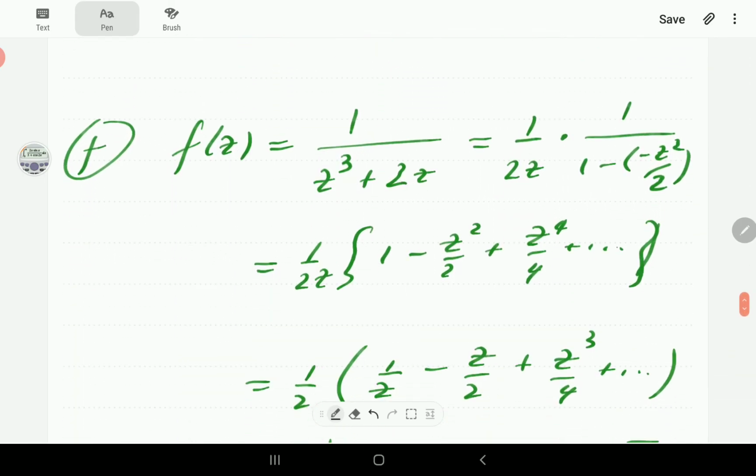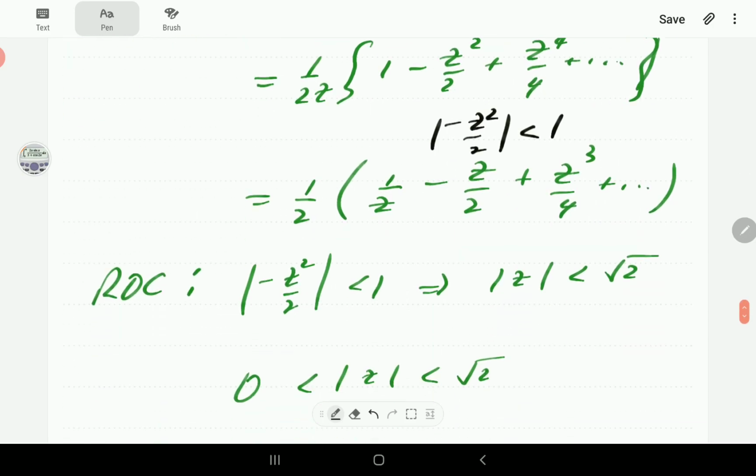This one, we first factor out 2z, and then we write this in the form 1 over 1 minus something. That something becomes negative z squared over 2. So in terms of the geometric series, that gives us this. This series is going to be convergent as long as the magnitude of this is less than 1.